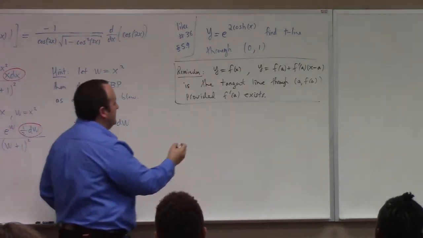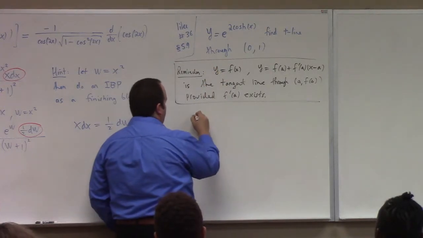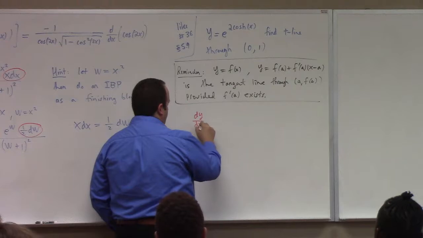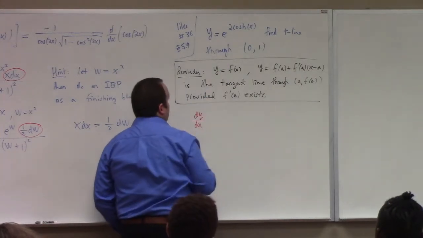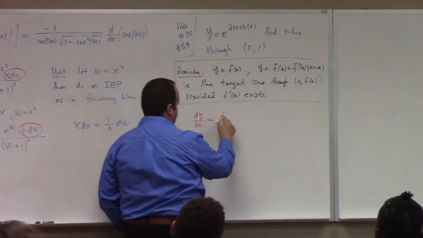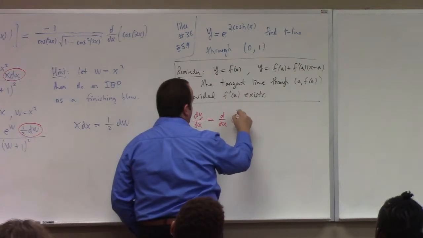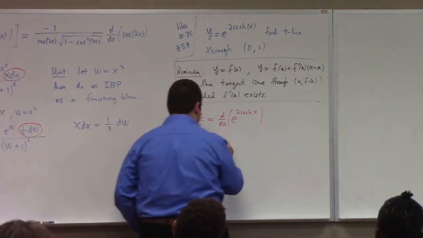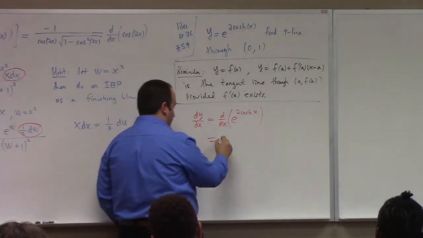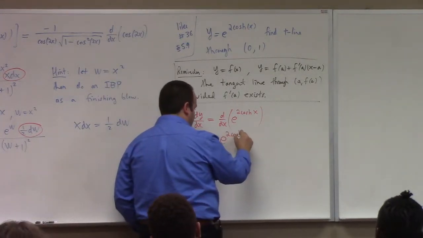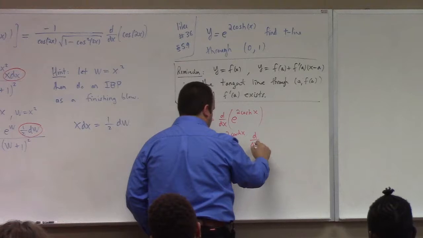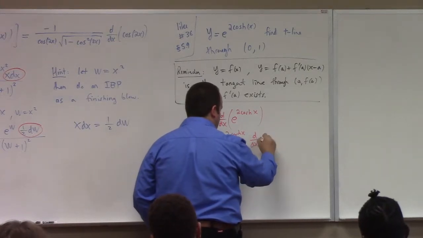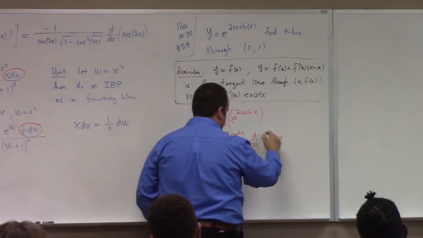But here, what's f? So what's dy dx? We have e to the 2 cosh x. Then chain rule says we differentiate the inside function and multiply it.